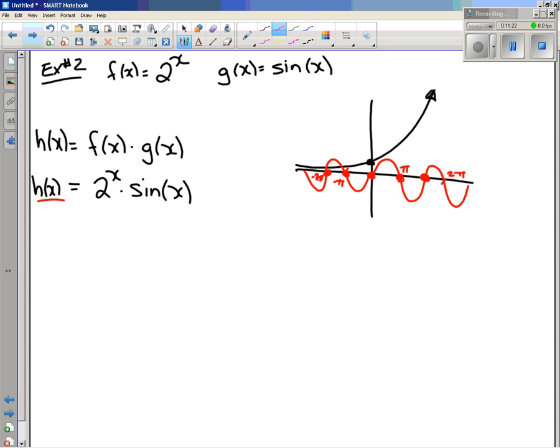So if we're starting our graph, our function h, maybe I'll put it in green, is going to have zeros at 0, at pi, at 2 pi, and so on, and it's going to have zeros at -pi and -2 pi.